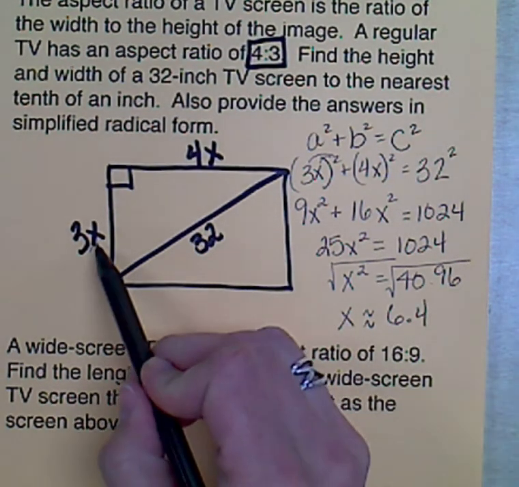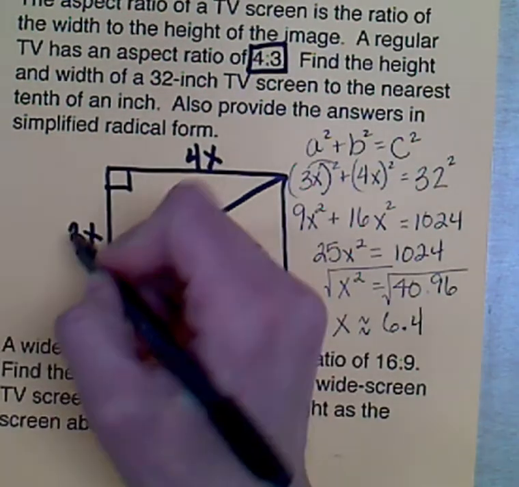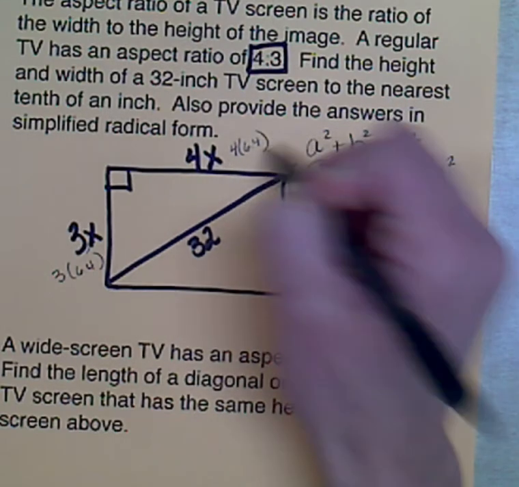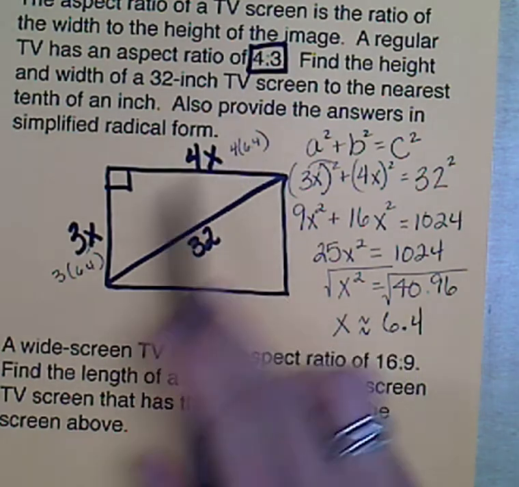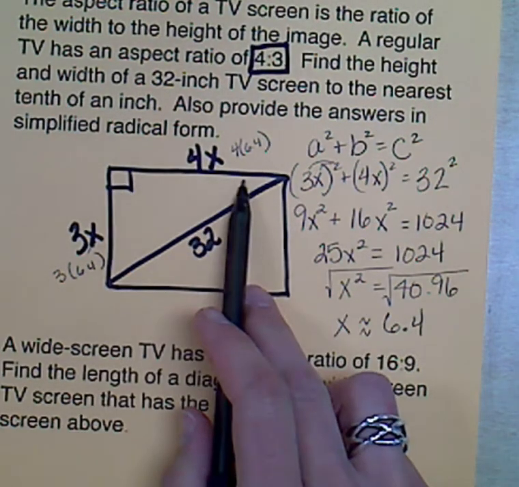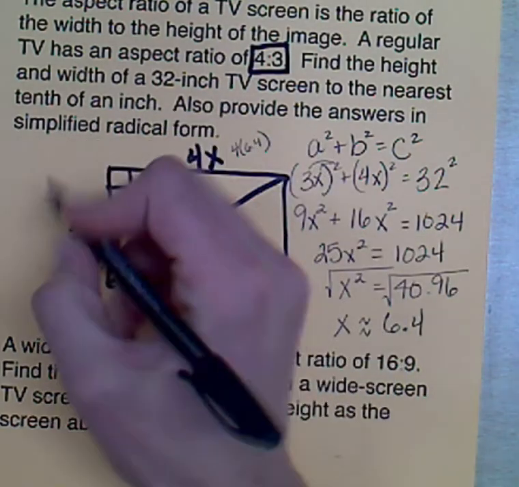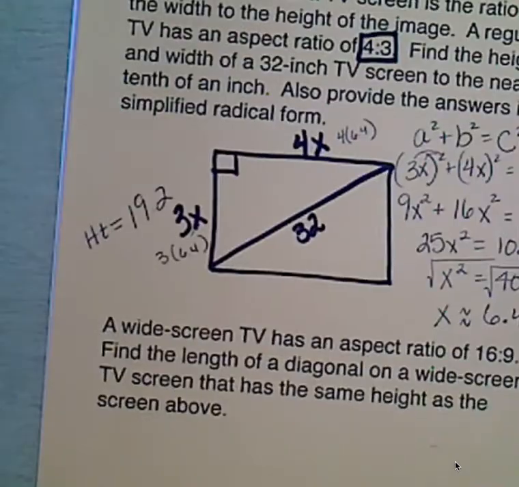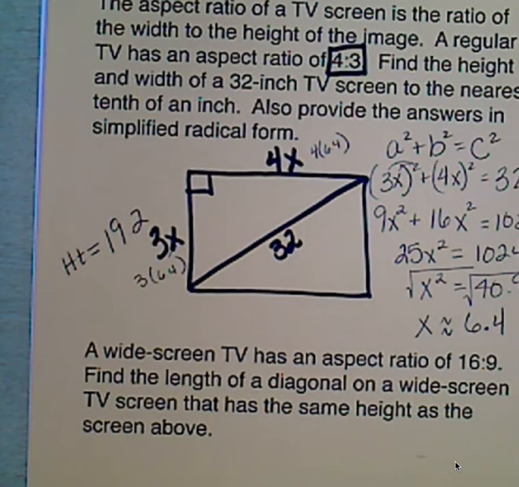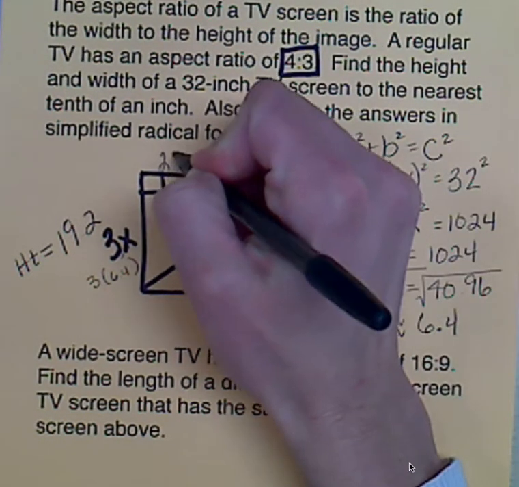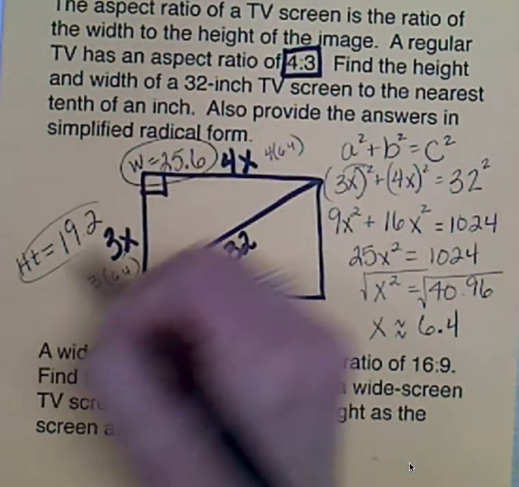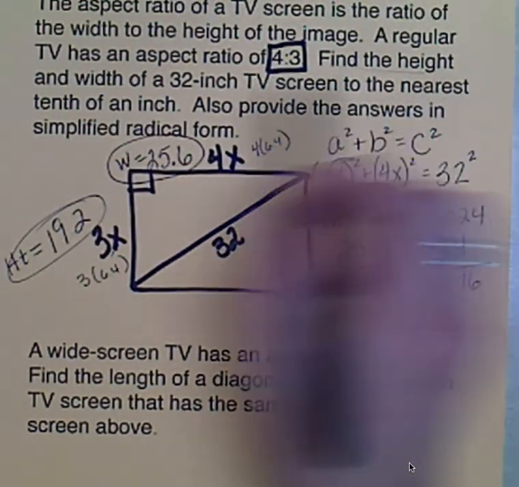So what that tells me is if I plug 6.4 back in, 3 times 6.4 and 4 times 6.4, I'm going to know what the actual length, height, and width are here. So times 3 gives me a height of 19.2 and a width of 25.6. And these are the two values that we would want to know, find the height and the width.